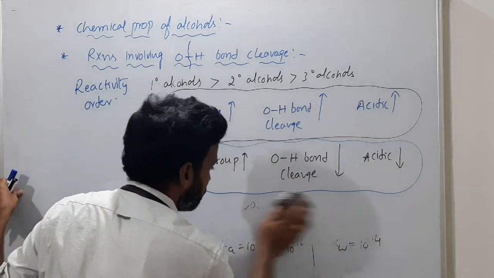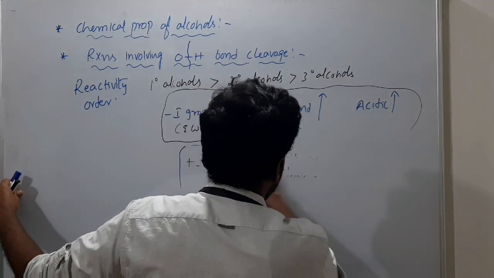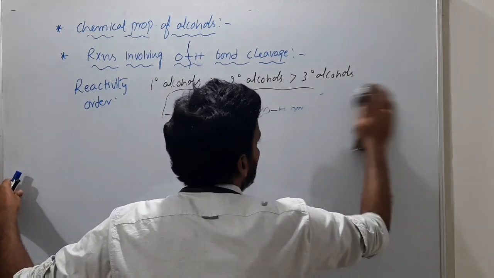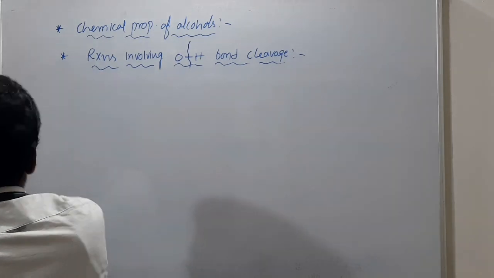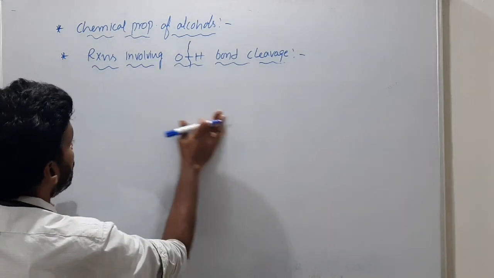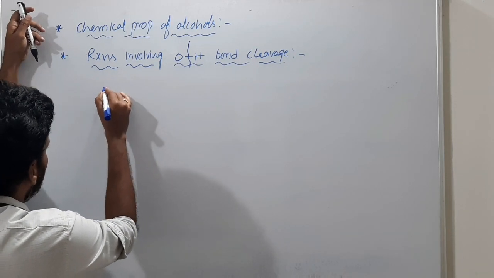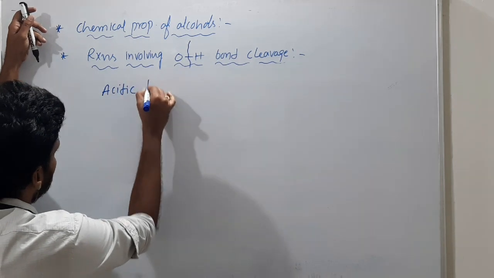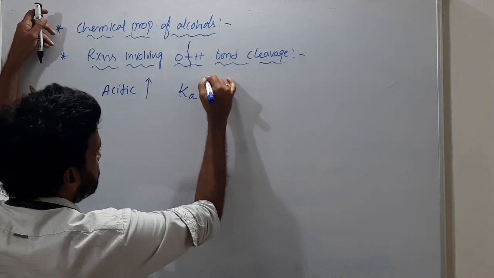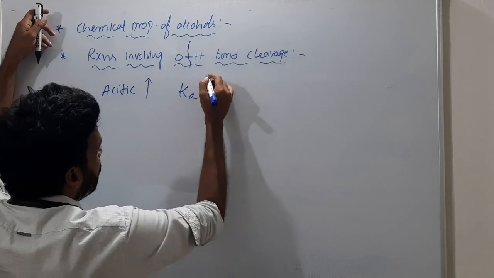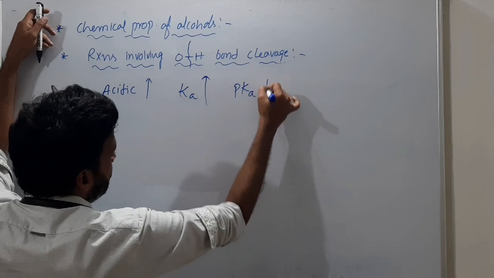One important point I was given is that alcohols are less acidic than water. Towards OH bond cleavage, primary alcohols are more reactive. One more thing: if acidic character is more, the Ka value, acid dissociation constant, is certainly more, and the pKa value is less.